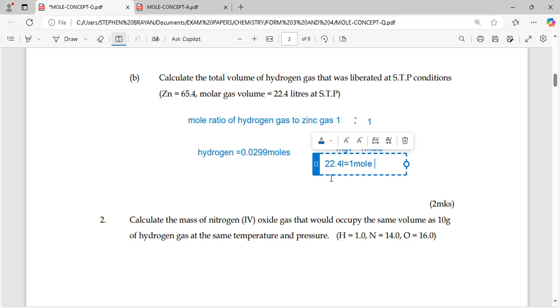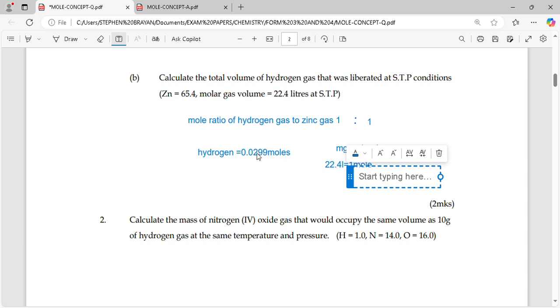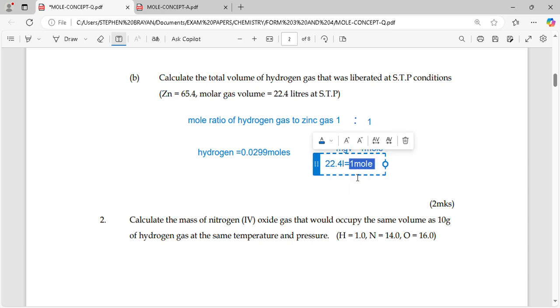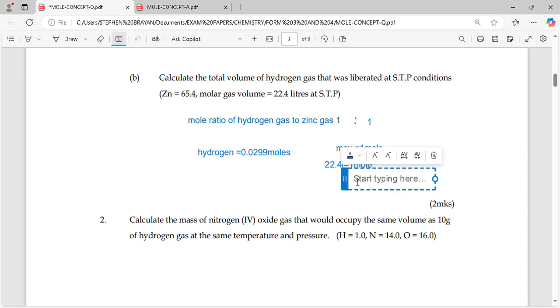So you'll ask yourself, if 22.4 liters is equivalent to 1 mole, what about the number of moles of hydrogen, which is 0.0299 moles? So once you reach there, what you'll simply do is to cross multiply, and then you're going to get your total volume.